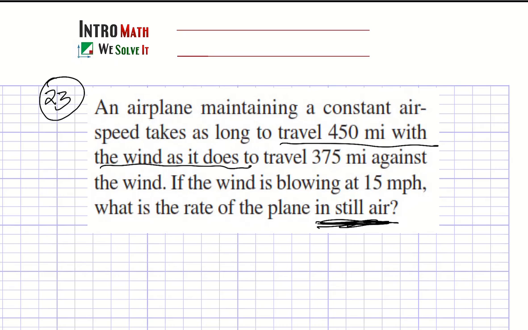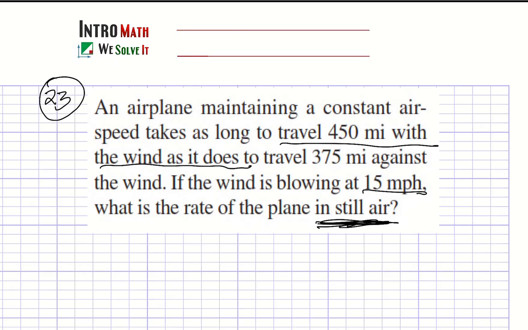Now downstream over there, the boat is with the current, all right? Here, the plane is traveling with the wind, okay? The wind is helping the plane to move. So the plane is using the wind, and the wind is 15 miles per hour, okay?